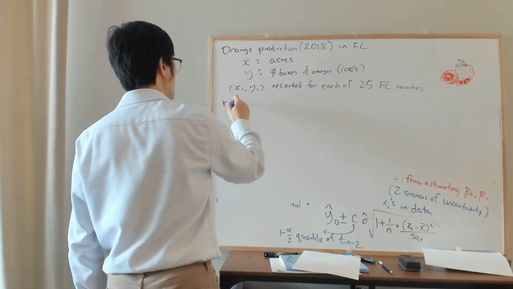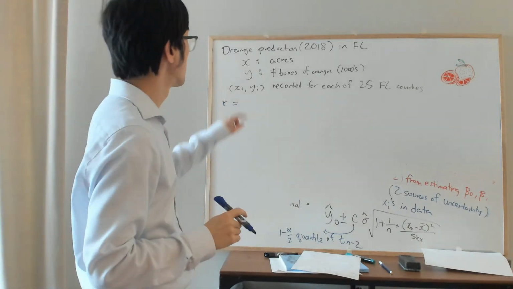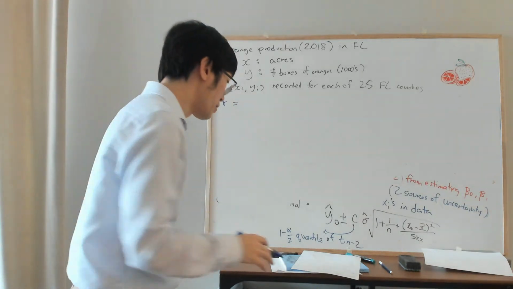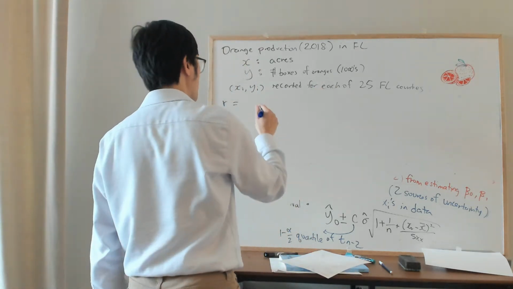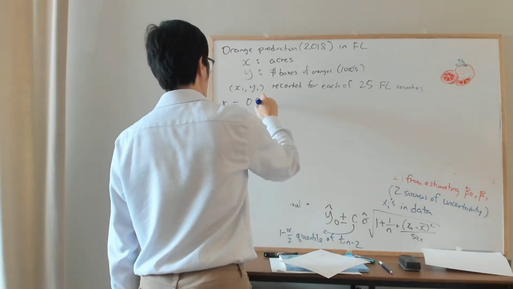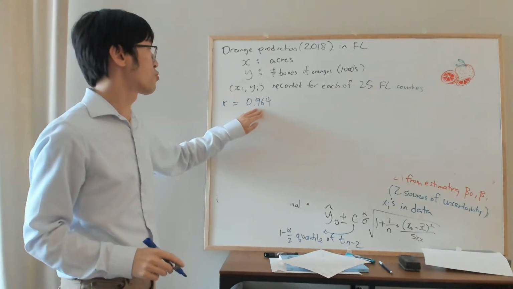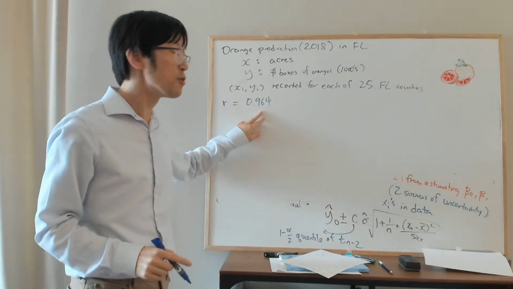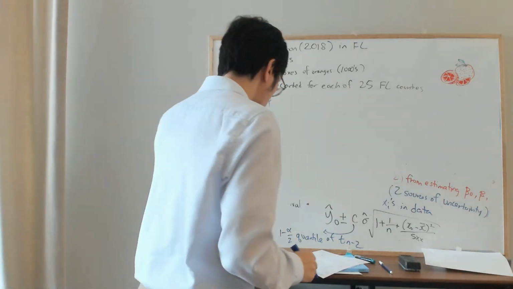The first summary statistic is R, the sample correlation between x and y in our 25 counties. This was very high, 0.964. So a very strong and positive linear relationship. The correlation is very close to 1.